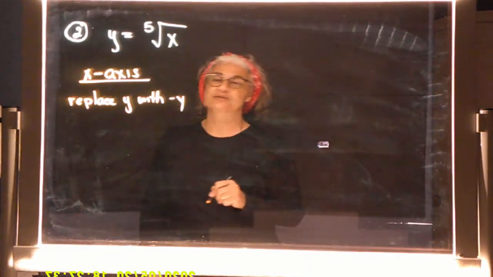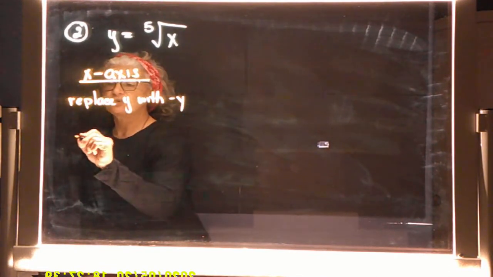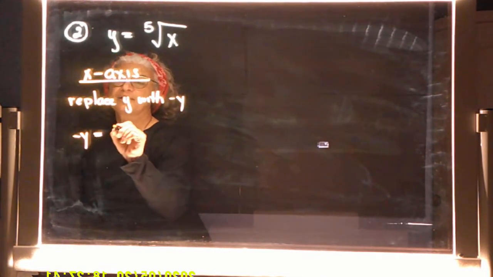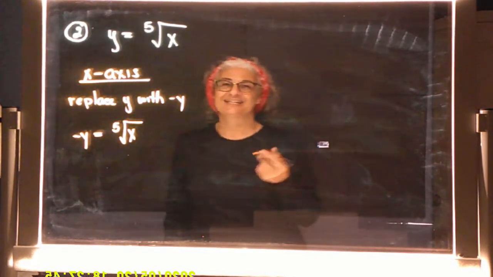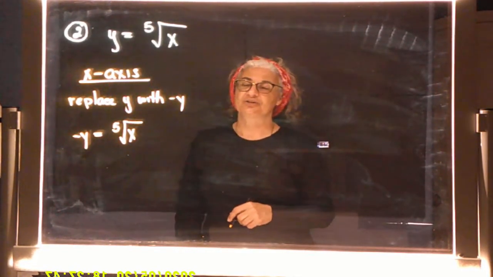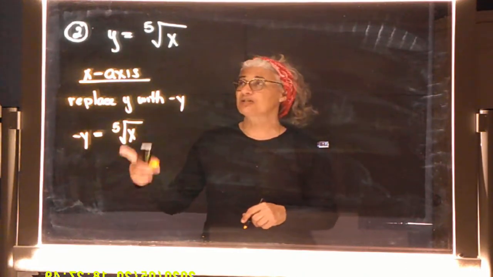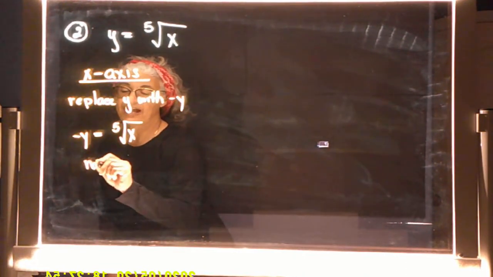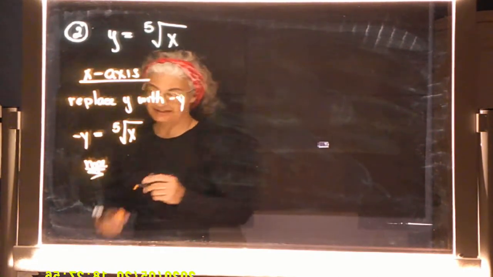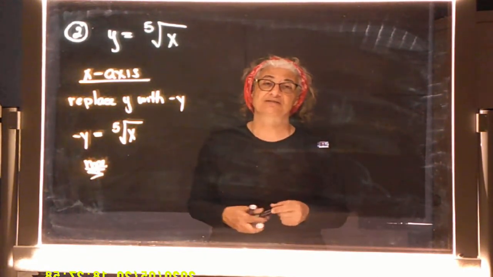So let's see what this looks like. Instead of it being a y there, I'm going to have a negative y equals the 5th root of x. Can I simplify it at all? No. Is this equation equivalent to that one? Nope. So I do not have any x-axis symmetry in this particular case.